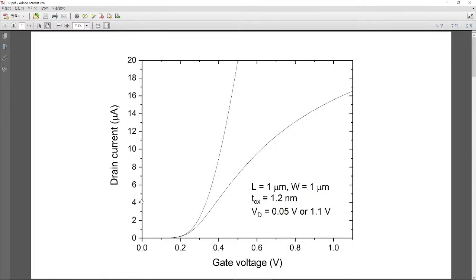What is the physical origin of this reduction? Please note that current is determined by not only charge but also velocity. In order to calculate the velocity, you have to consider mobility. And we have assumed that mobility is a given constant, that is just a number. But unfortunately that can be a function of gate bias and drain bias.